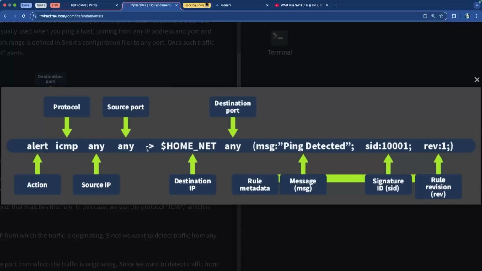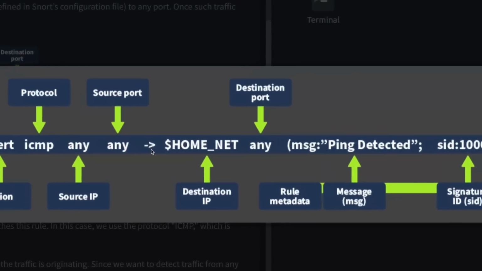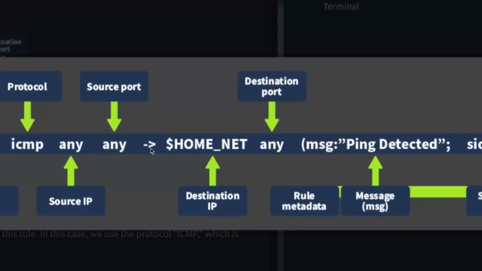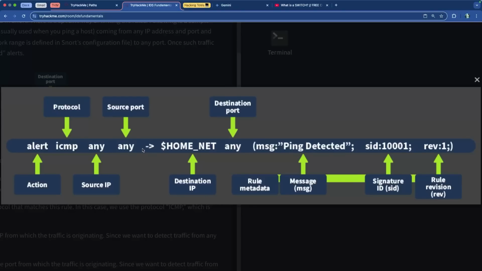And then this is the direction, the dash greater than symbol, which is the direction of where it's going. So we're saying from any source port and any source IP to this destination IP, which is our home network, on any destination port, I want you to do this.